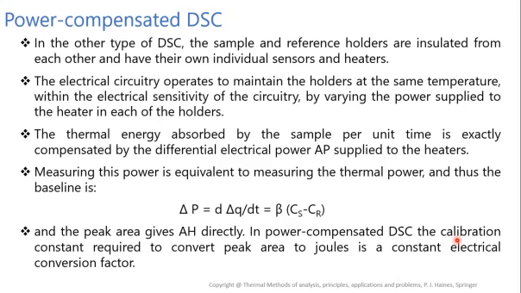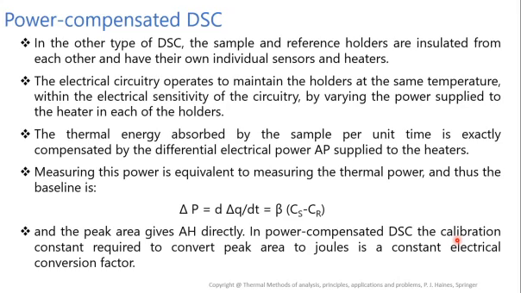The electrical circuit operates to maintain the holders at the same temperature, within the electrical sensitivity of the circuit, by varying the power supply to the heater in each of the holders.